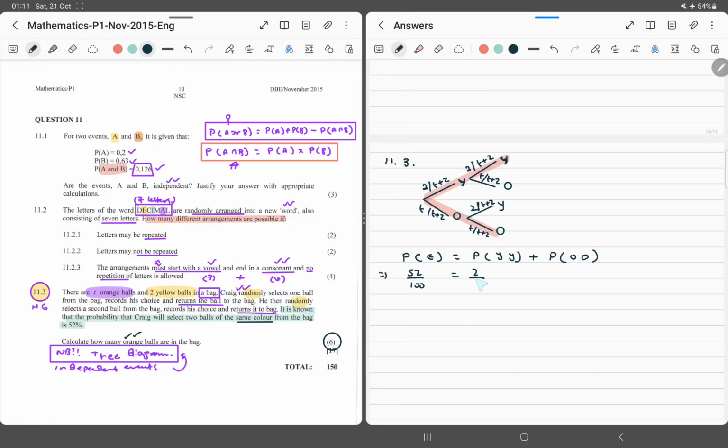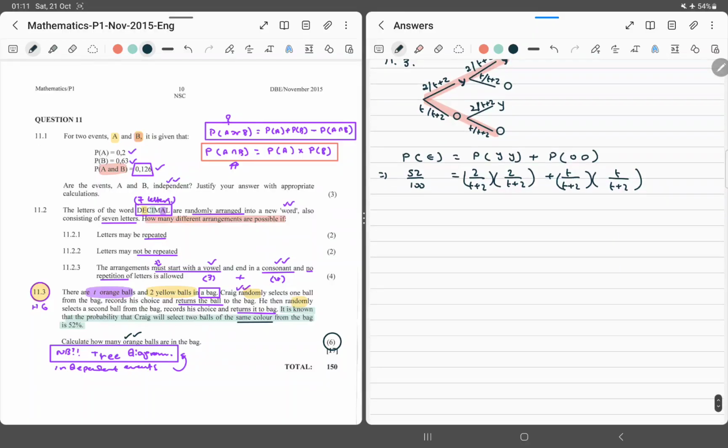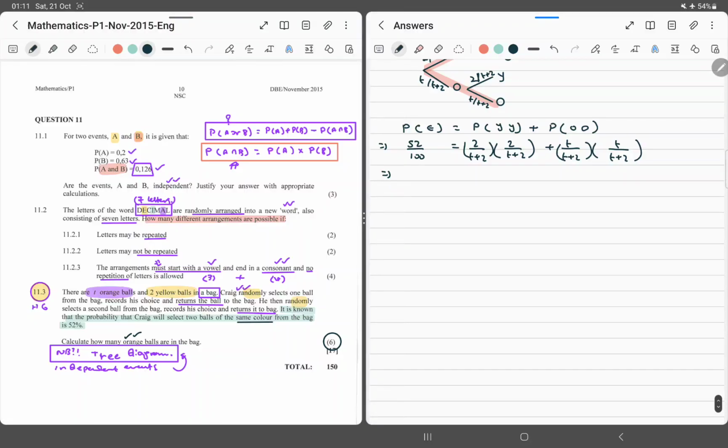So this is 2 over t plus 2 multiplied by 2 over t plus 2, plus, on this side, this is basically going to be t over t plus 2 multiplied by t over t plus 2. Okay, great. So now that we have a nice equation, we can solve algebraically.